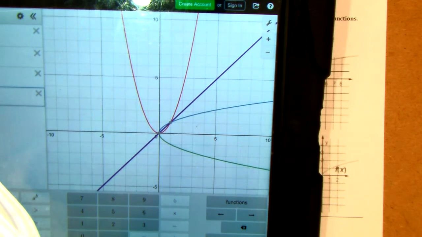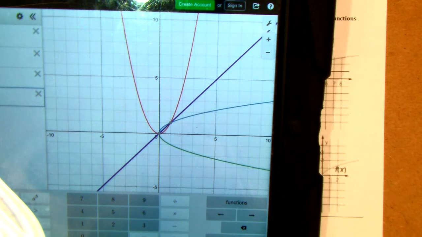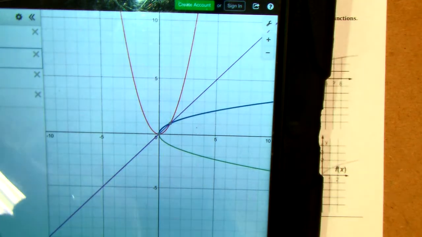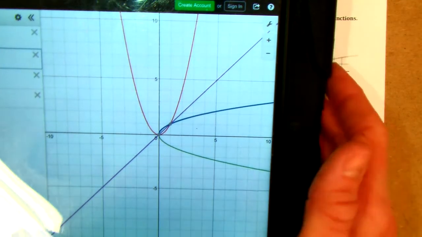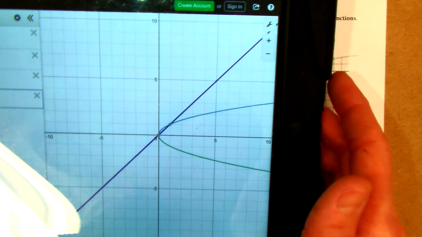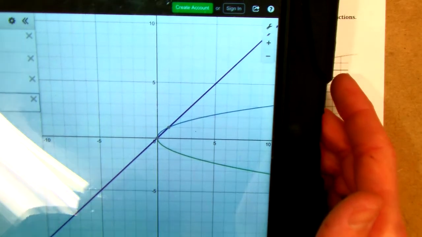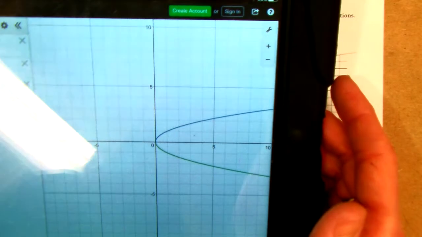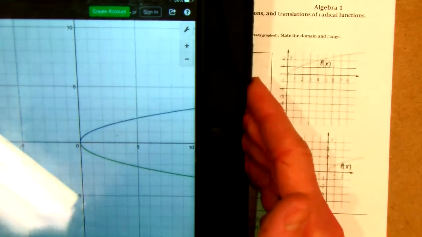However, if I'm just looking at these two right here, so let me take this one off and this one off. There we go. If I'm just looking at this, these two together would not be a function because, if I'm drawing a vertical line in there, it has two spots.